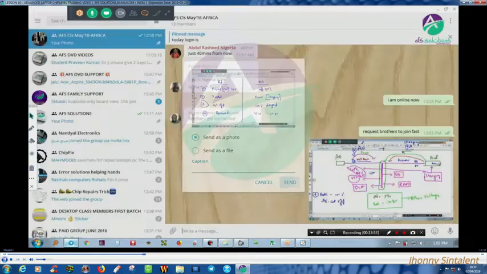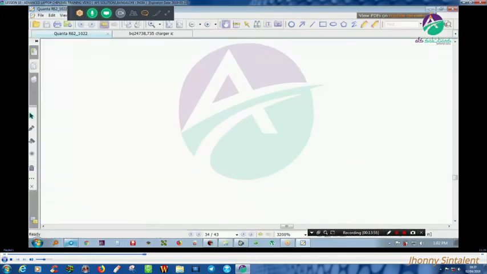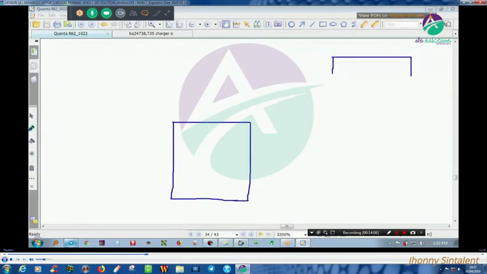Now for the magic. I have a circuit. Remember, I am putting it in simple language, I am not making it so complicated.